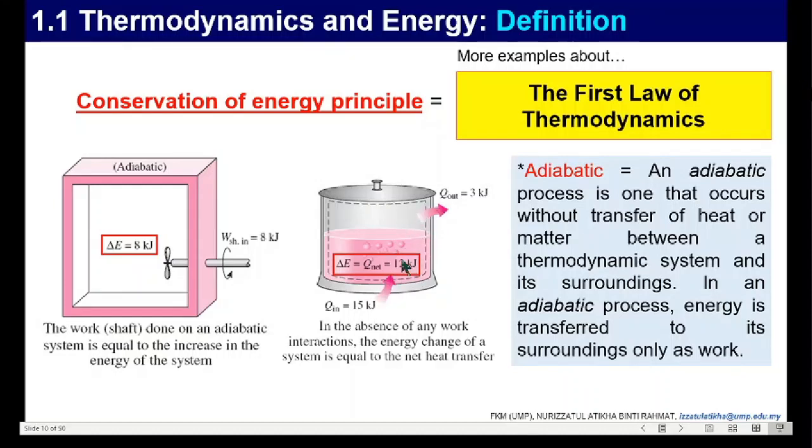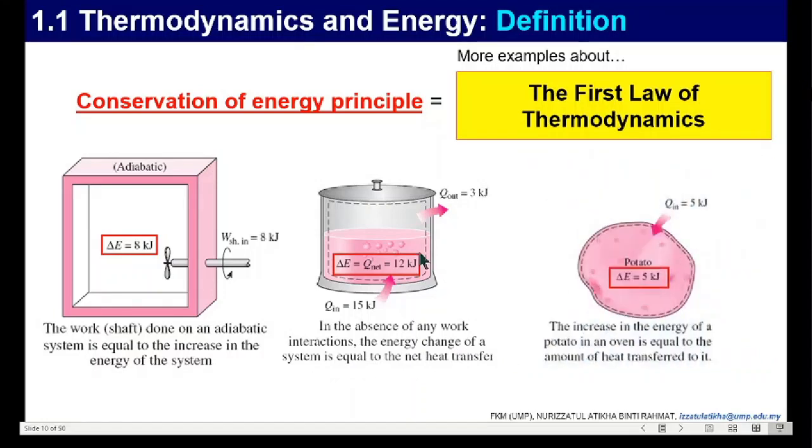In the absence of any work interaction, the energy change of a system is equal to the net heat transfer. Another example, you have a potato in a microwave. Q in equal to 5 kilojoules, then delta E equal to 5 kilojoules. The increase in the energy of a potato in an oven is equal to the amount of heat transferred to it.